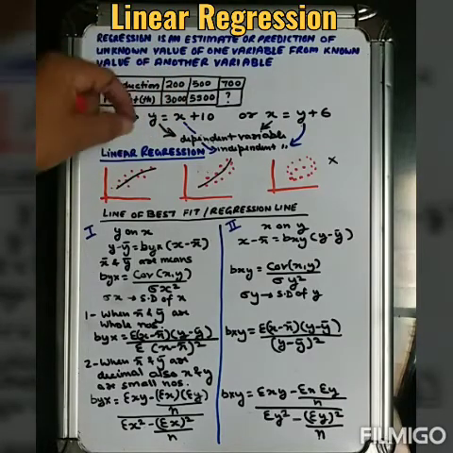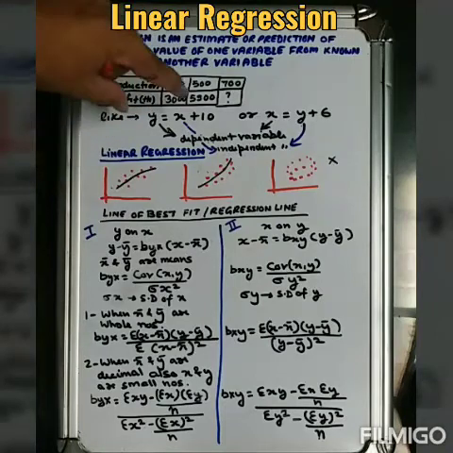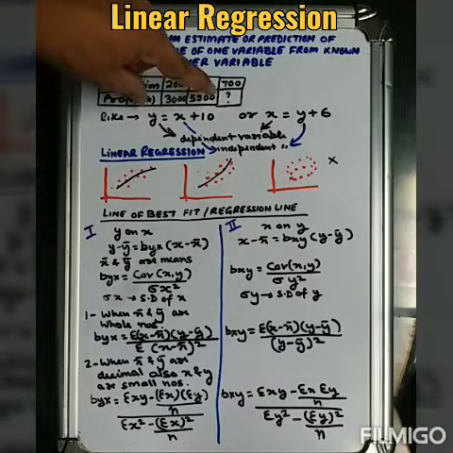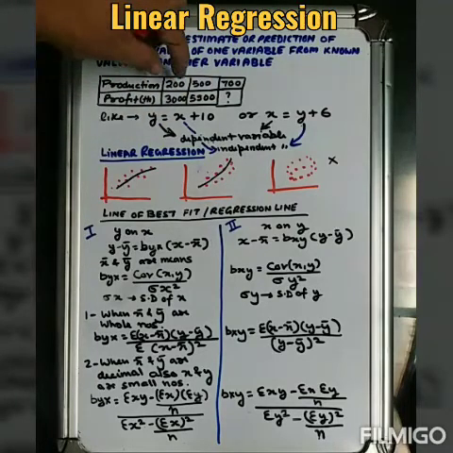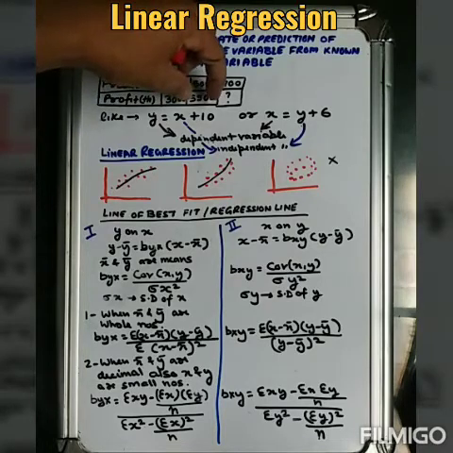So when an estimate is taken out from any equation, for example, there is production going on in some factory: production of 200 articles, the profit is 3,000. Production of 500 articles, the profit is 5,500.